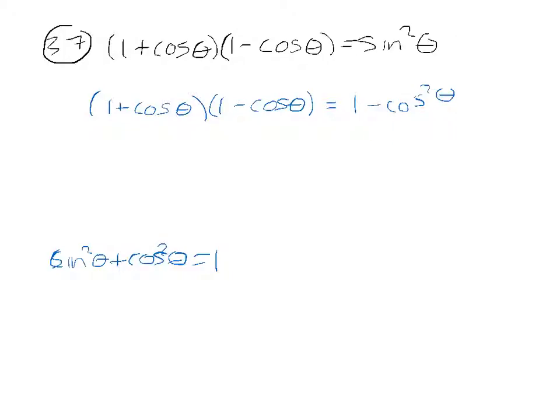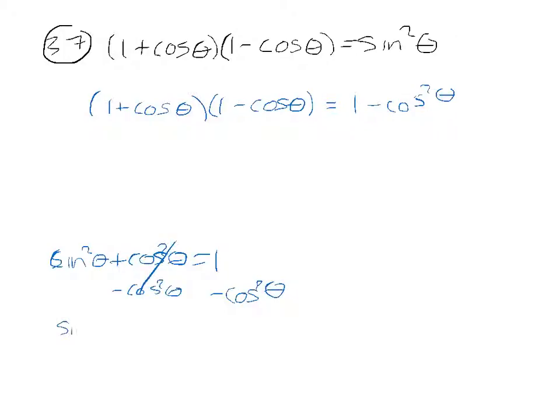So let's see here. Up here, I have 1 minus cosine squared. Down here, I just have a 1, right? So what else do I need over here? Minus cosine squared. Is there math that I could do to this whole equation to actually get that? To get 1 minus cosine squared, I'm going to subtract cosine squared from the other side. So it's still the identity, I'm just moving things around a little bit.